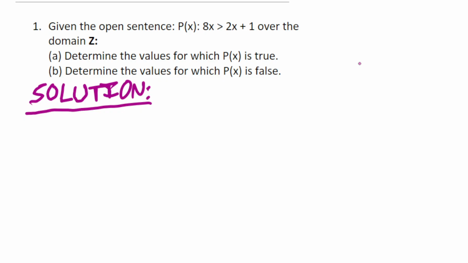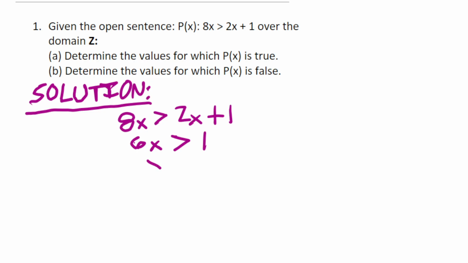Well, let's start out by determining which values are true and false by just rewriting this inequality. So you can subtract 2x, 6x is greater than 1, and then x is greater than 1 over 6.